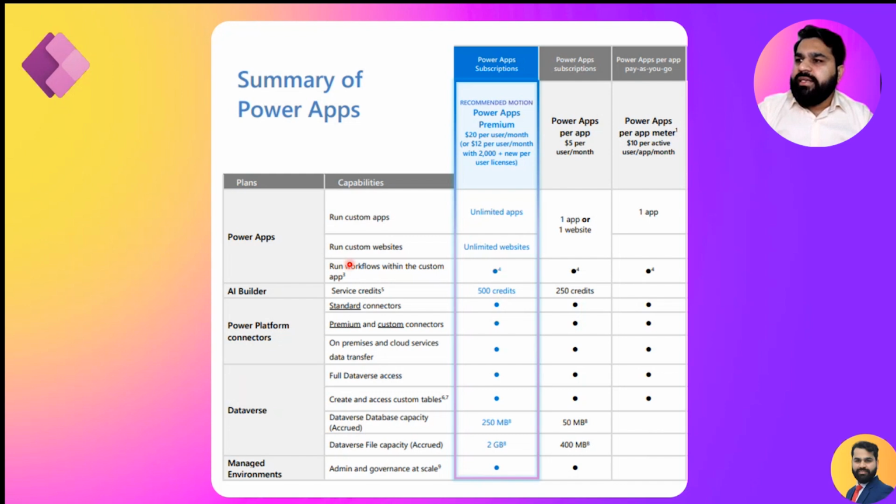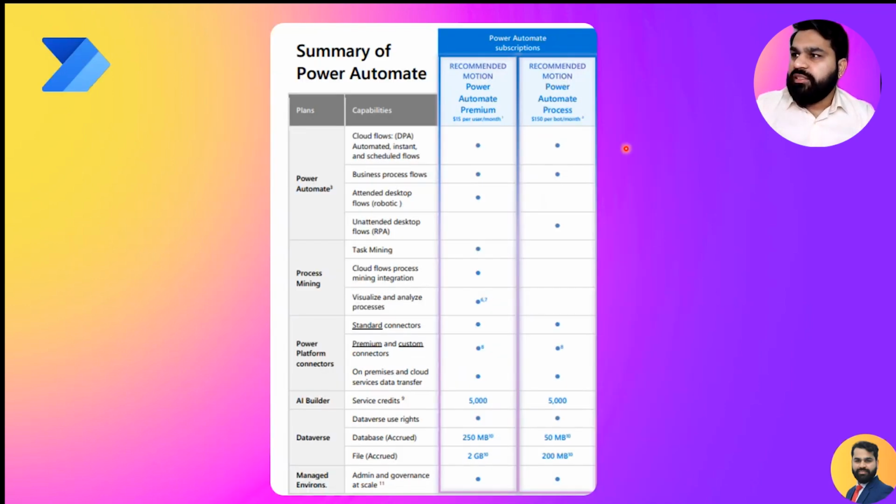I was talking about running the workflows within the custom application. Now we are jumping to the next point, which is the licensing of Power Automate. We will talk about running a workflow from the custom application. For example, let's say there is one Power Apps application, and on a click of one button, a Power Automate flow gets triggered. This particular type of Power Automate is an instant Power Automate, which is a Power Apps triggered Power Automate.